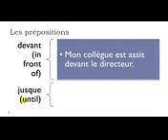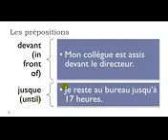Jusque means until. Example, je reste au bureau jusqu'à 17 heures. Okay, rester is to stay, au bureau, at the office. Je reste au bureau jusqu'à, until, 17 heures. Okay, so you can see that here it's quite interesting because normally we should have this jusque written like that.